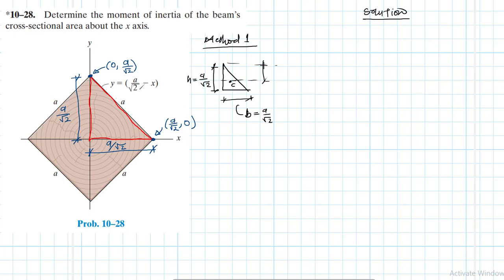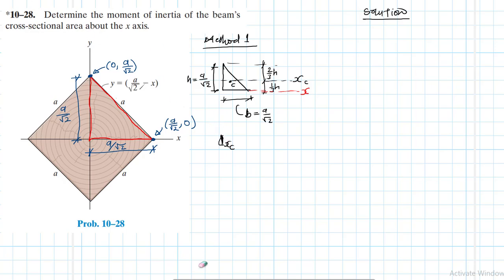For the triangle, we know that the centroid is 2 over 3 of h from there, and this one there is 1 over 3 of h. Let's call this x c, and let's have this as our x. Let's assume we know the moment of inertia about the centroidal axis x sub c for a triangle.